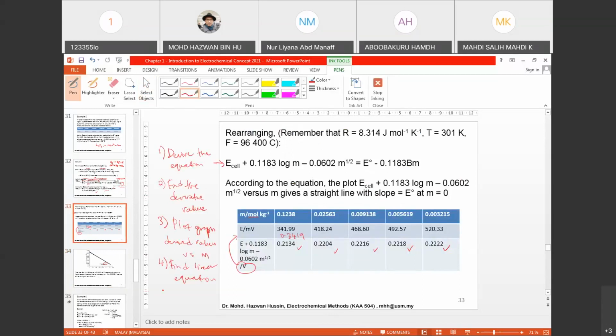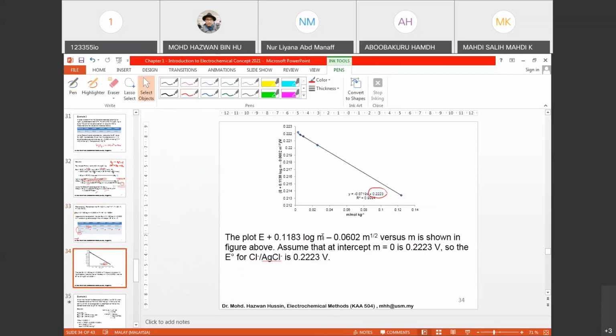So finally, the E naught value will be equal to the y-intercept. All right, I just want to give you some tips if you experience this kind of question in your exam or in your test. Normally, I provide graph paper.